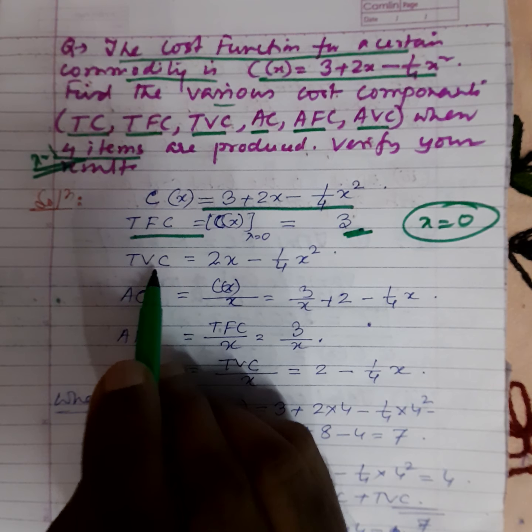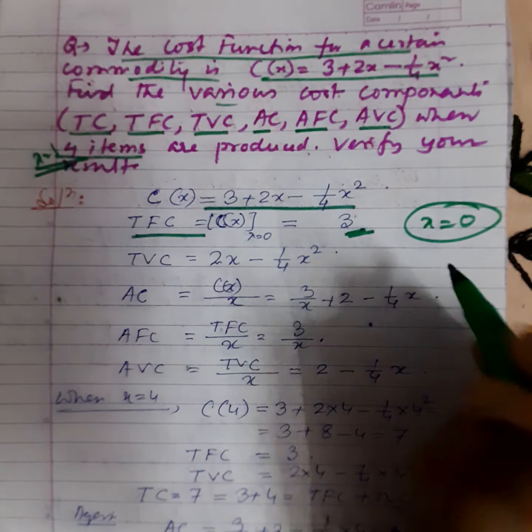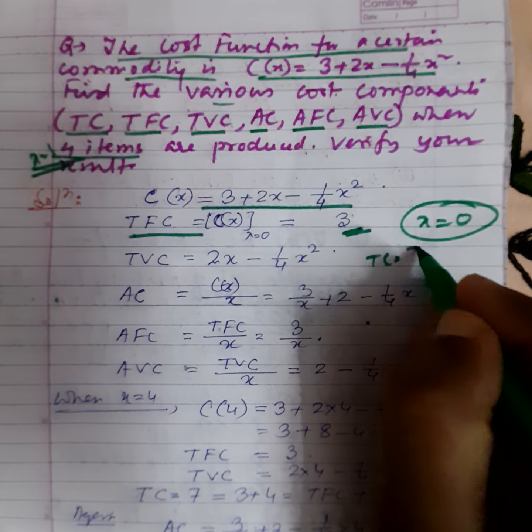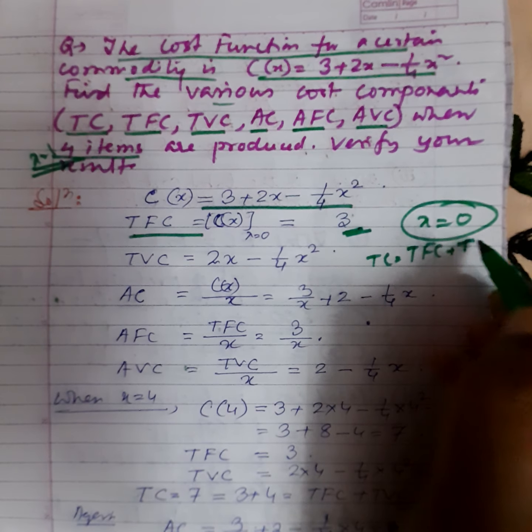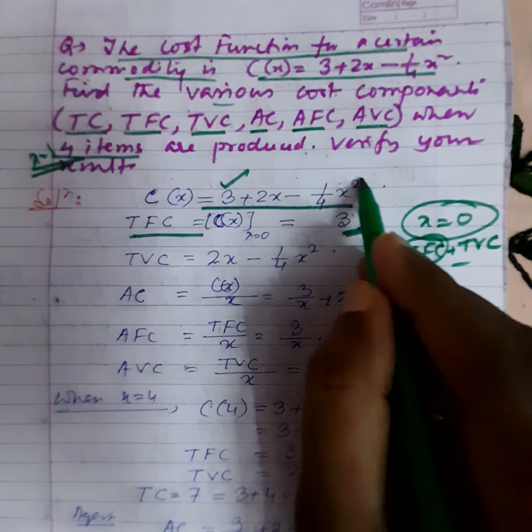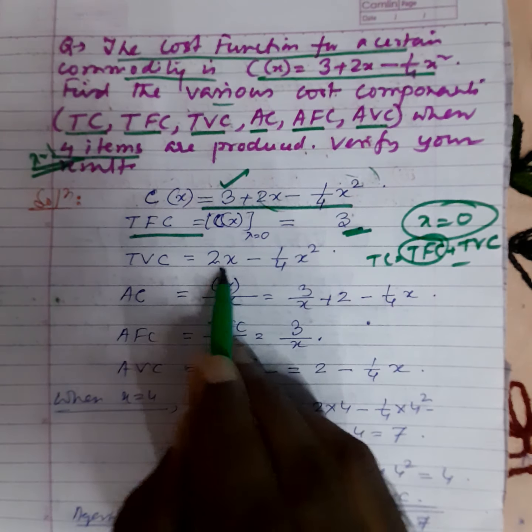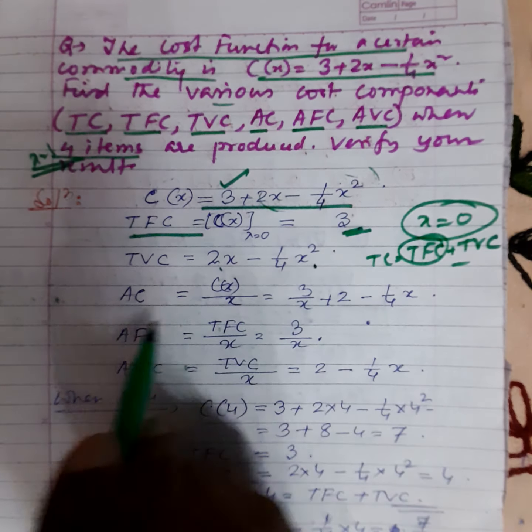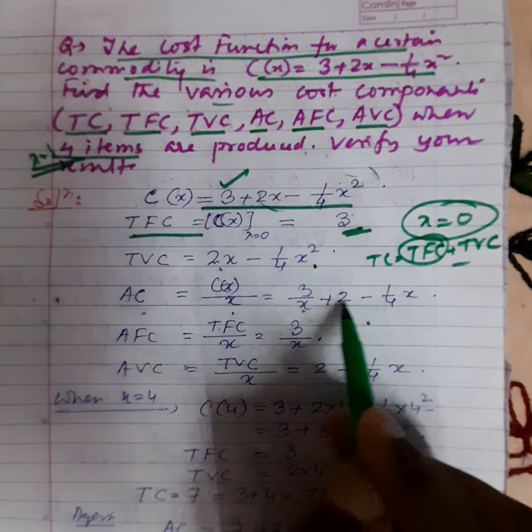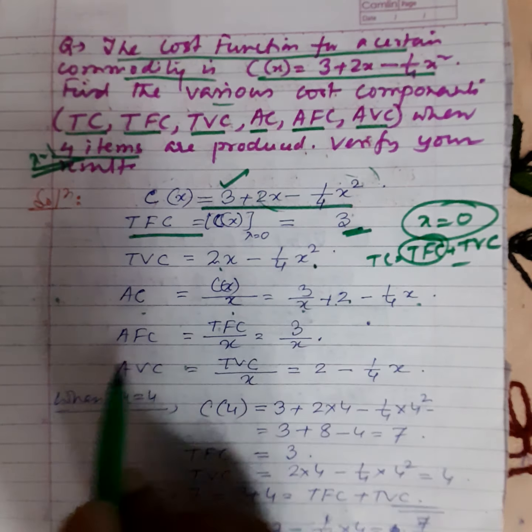TVC: total cost is equal to TFC plus TVC. TFC is 3, so ultimately the remaining is the TVC, that is 2x minus 1 by 4 x squared. AC, average cost, is C(x) by x. So if we divide by x, it will be 3 by x plus 2 minus 1 by 4x.